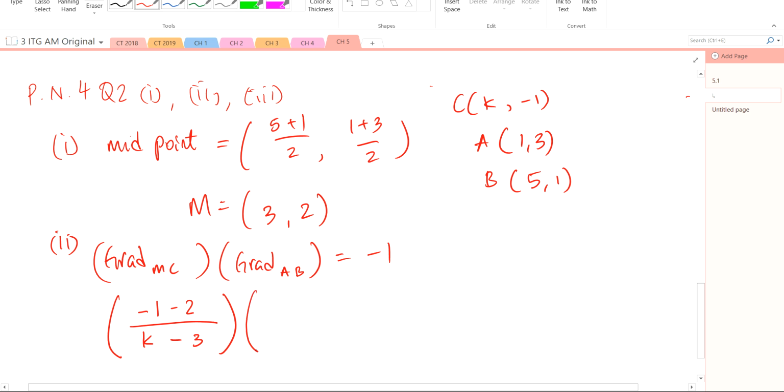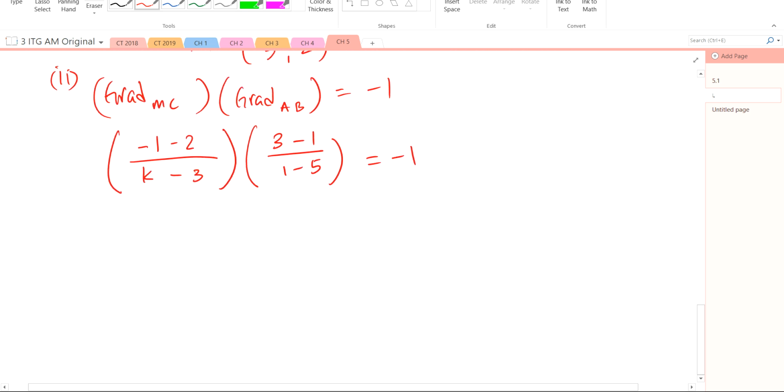Okay, now gradient of AB. 3 minus 1 over 1 minus 5. This must be equal to negative 1. So negative 3 over K minus 3. 2 over negative 4, so negative half, equals to negative 1.